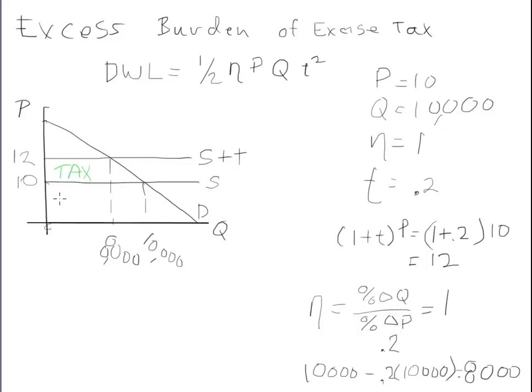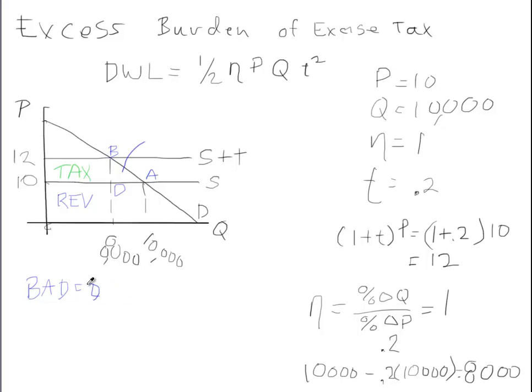This is the revenue. The 10 times the 8,000 is our revenue. This triangle right here, I'm going to call our original point A. This is going to be B. Let's say this point is D right here. So area BAD is equal to our deadweight loss.